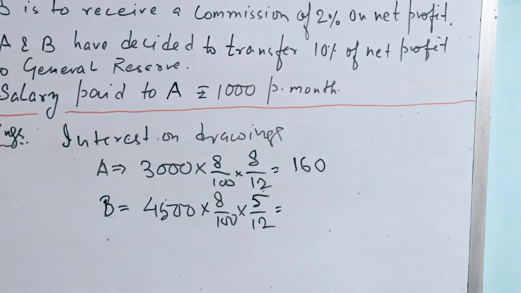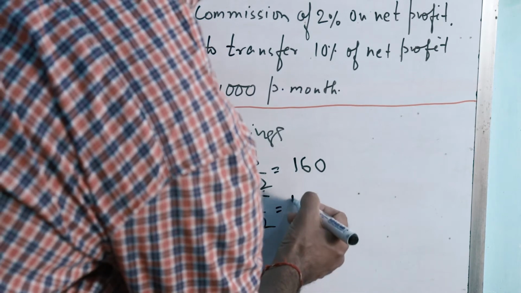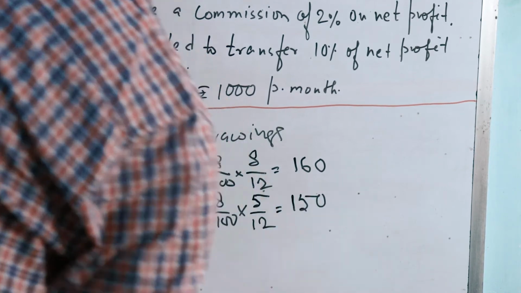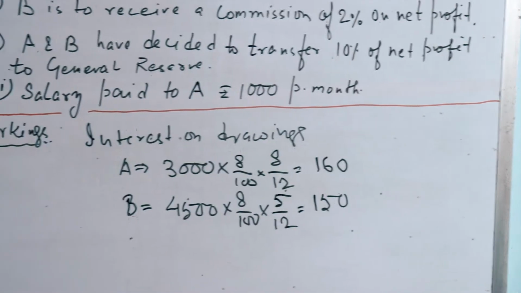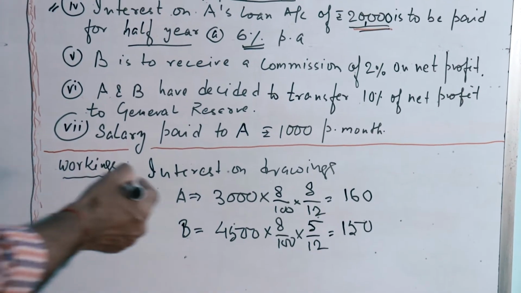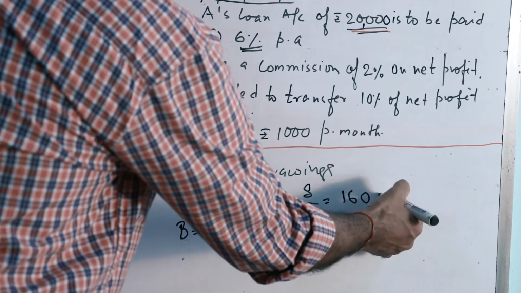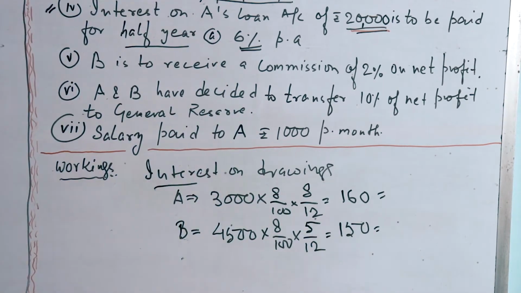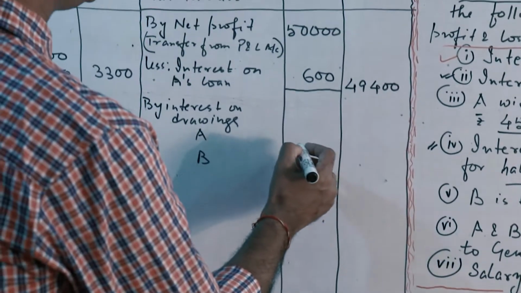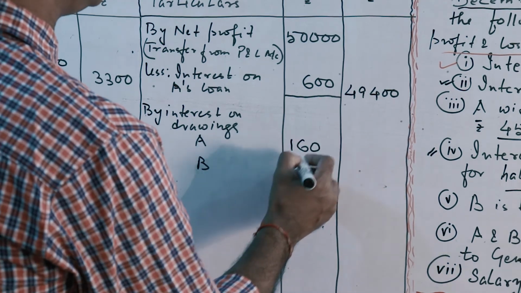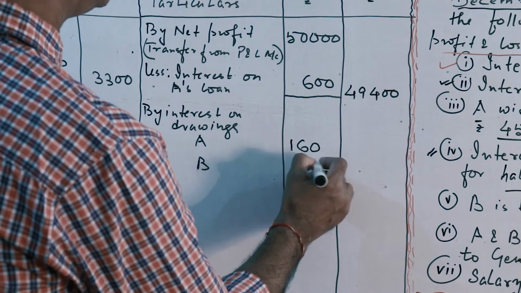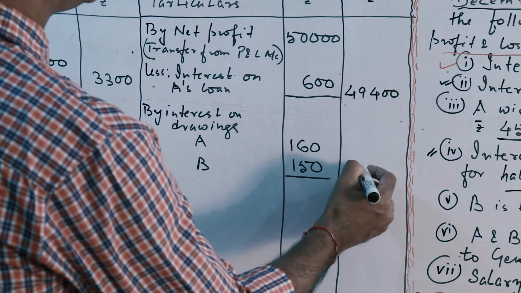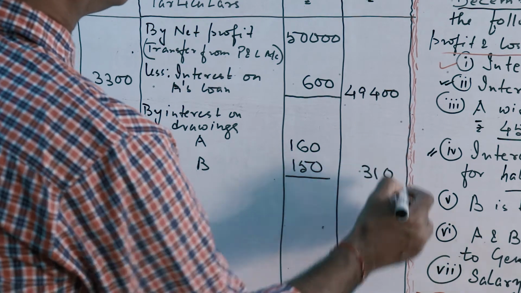So 5 by 12 कितना होगा? It comes 150. So interest on drawings, A will pay 160 and B will pay 150. So by interest on drawings, A 160, B 150 comes 310.